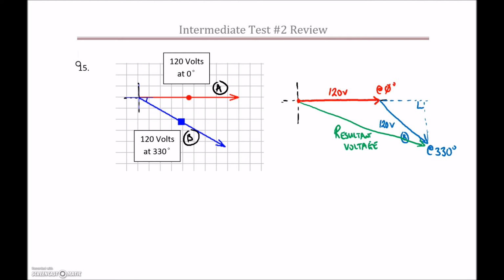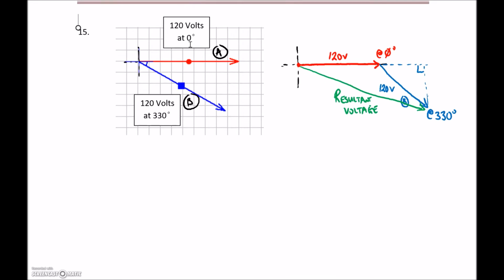Beautiful. Okay, so let's do a chart to summarize our thoughts here. So let's do the first vector. Go back to the red here, and we're going to do vector A, and we're going to do the hypotenuse, then the angle, then the x component, then the y component. So here we have a hypotenuse of 120 volts.